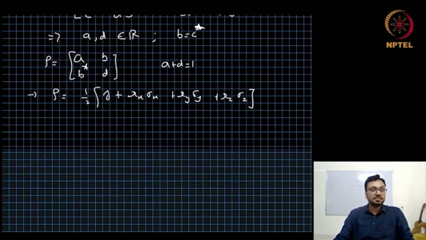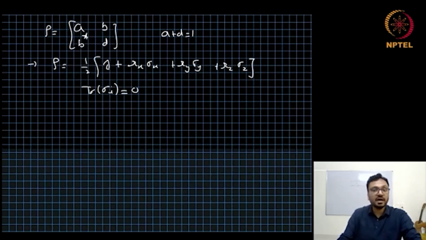But since sigma x, sigma y, and sigma z are traceless matrices, the trace of sigma i is 0 for all i from 1 to 3. So the only matrix with non-zero trace is the identity. The trace of identity is 2, so the coefficient of this should be half. So there is a half factor outside. Other than that, there is no restriction on Rx, Ry, and Rz, just that they should be real. So we can write rho in this form and it will satisfy the two conditions that it's Hermitian and the trace of rho is 1.